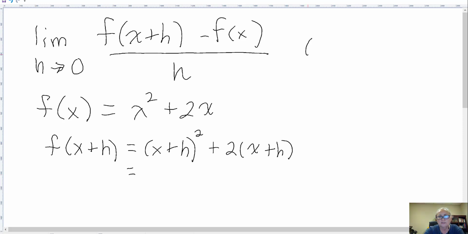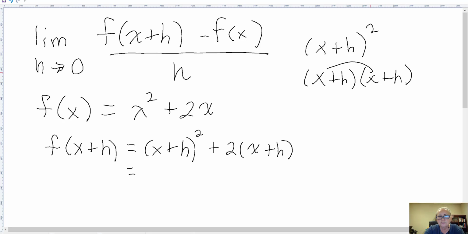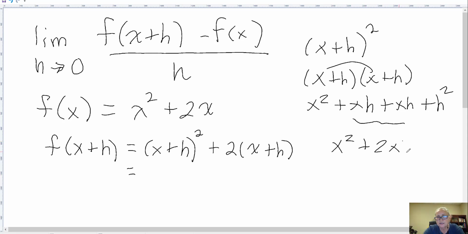Now, if it's been a while since you've taken algebra, x plus h squared means x plus h times x plus h. That's x squared plus xh plus xh plus h squared. And these can be xh or hx. It's x squared plus 2xh plus h squared.